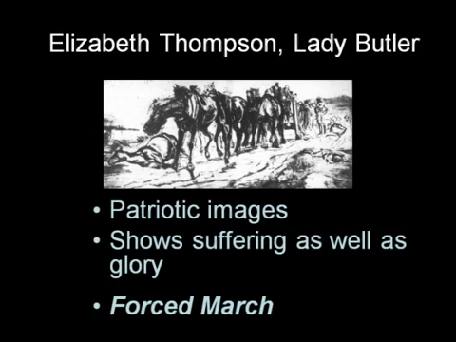Generally, this image was very patriotic. Remember that this is the time when the British Empire is spanning the entire globe, and they're often enforcing that with their military might. And so some of these battles are seen as great victories, sometimes as great losses, but they are very historical and usually fairly recent history.